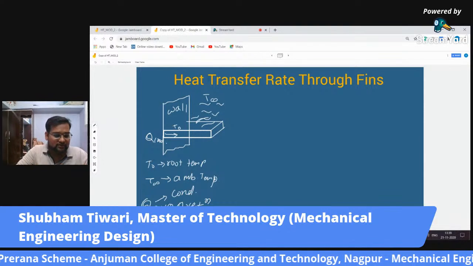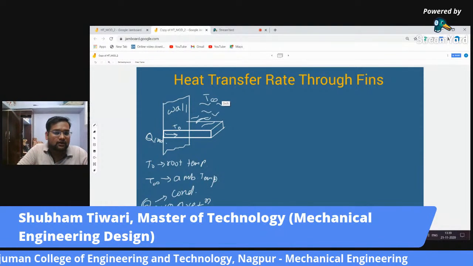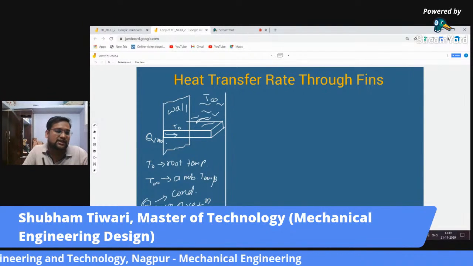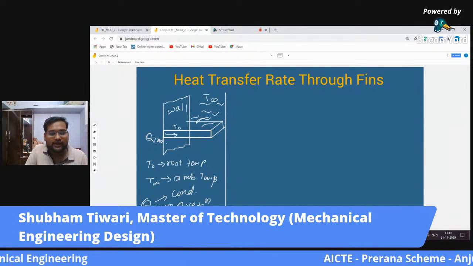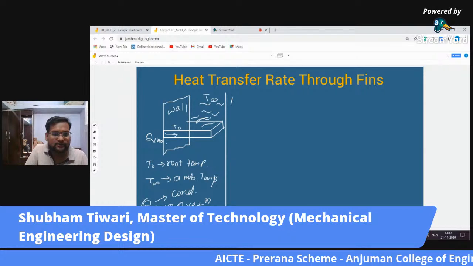So what we will do is quickly look into the important expressions that will help us solve problems. We know that h is the heat transfer coefficient.